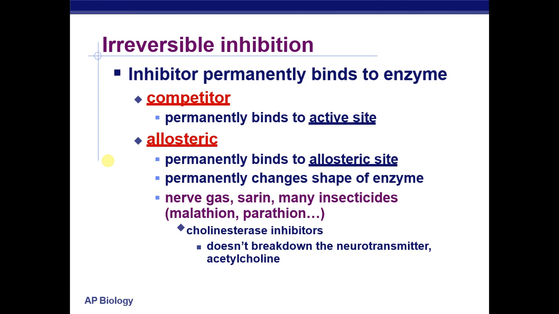It's just useless anymore. So many nerve gases and, for example, insecticides work this way. Okay, they bind irreversibly to the allosteric or the active site, and they aren't able to be removed. They're permanently stuck there.